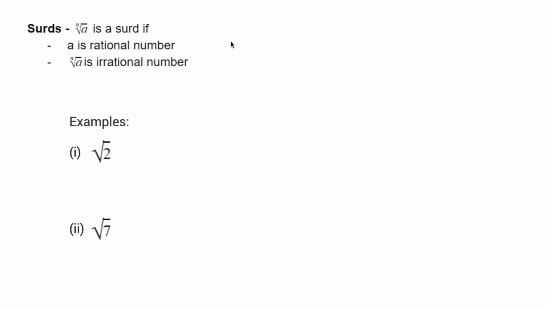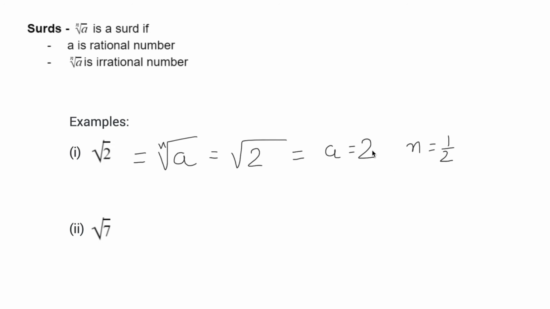For example, root 2. As per the formula, if I write it in the form of under root a to the power n, I can write it like this: 2 to the power half, where a is equal to 2 and n is equal to half. As we know, a, which is equal to 2, is a rational number.